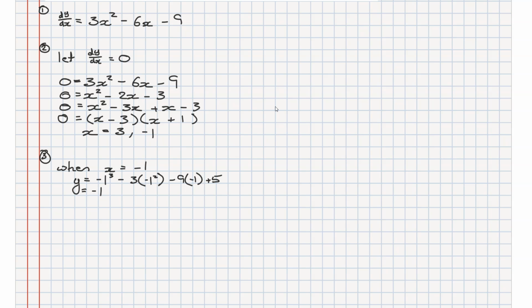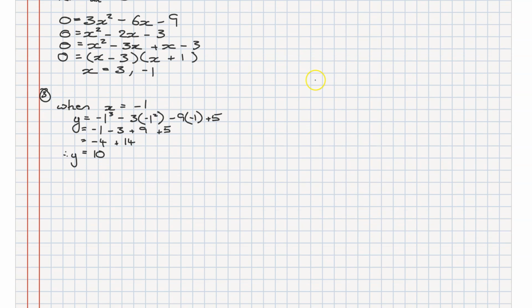This will come out to negative 1 minus 3 plus 9 plus 5, which is negative 4 plus 14, that's simply positive 10. So the first location is at x equals negative 1 and y equals 10.